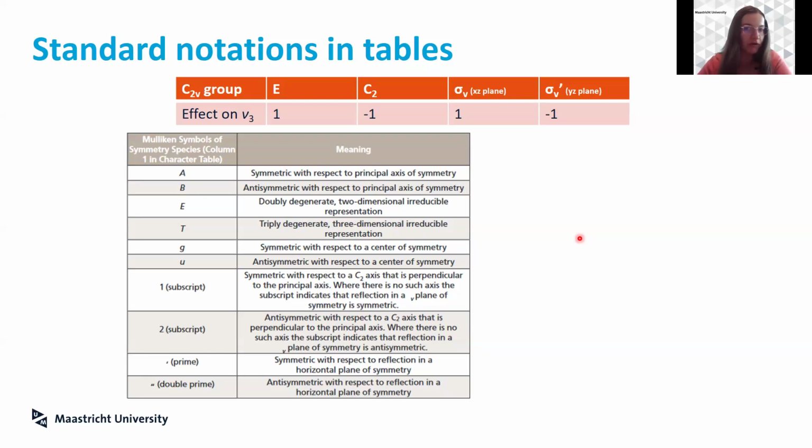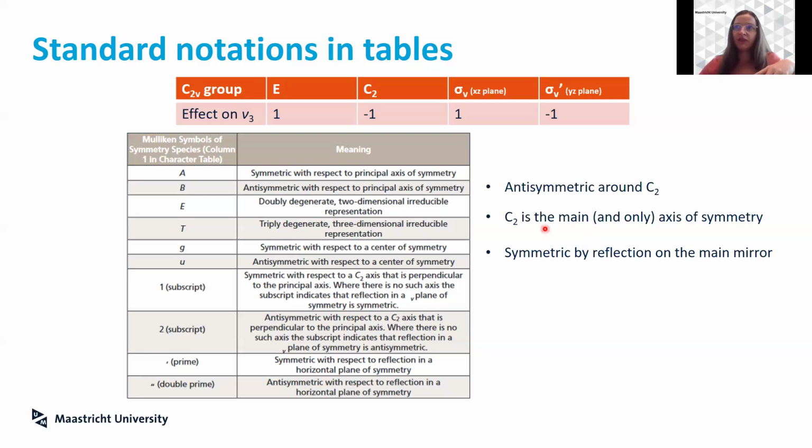If you go into a different point group, it's a different business. So in this case, nu3 is antisymmetric around C2. It doesn't have another axis that is not C2. C2 is the main and is the only one. But from the main mirror, it is symmetric.